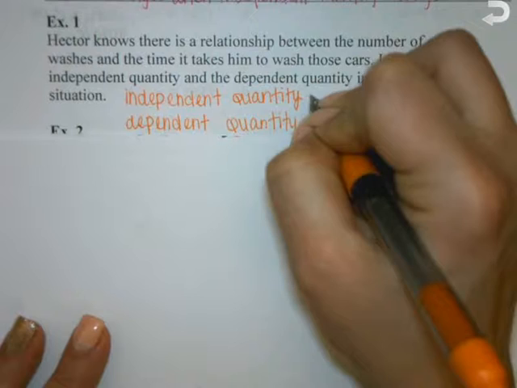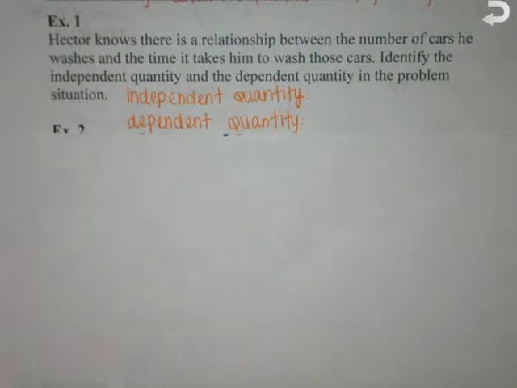What does Hector have control over? Does he have control over how many cars he washes, or the amount of time it takes total? Think about it. He's the one washing the car. Let's say it takes him 10 minutes to wash each car.